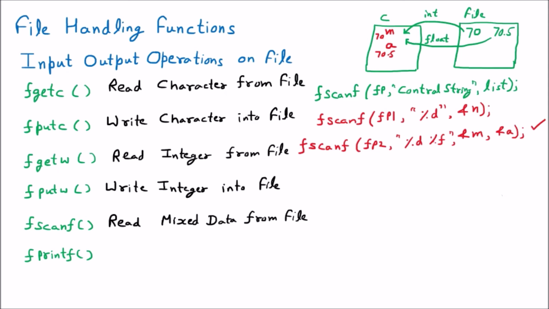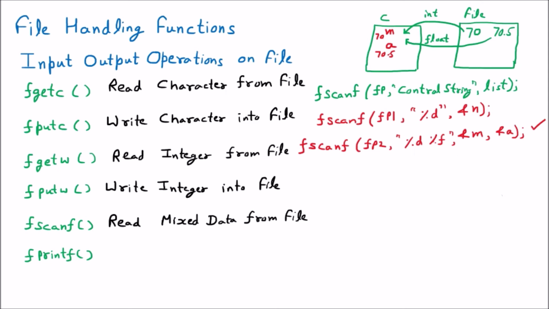We know that with printf we print on the screen, but with the help of fprintf we are going to print on the file, meaning we are writing on the file. We may have the confusion that although we have the fputc and fputw functions, then why fprintf? Because as I said for scanf also, if I have to write mixed data onto the file, then we need the fprintf function.